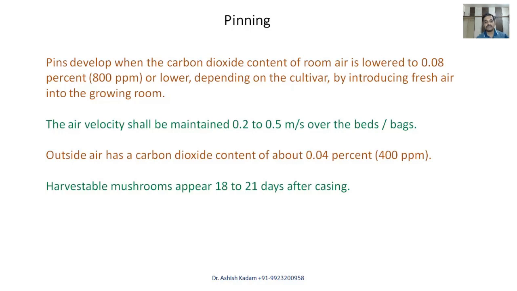So we have seen that we do the spawn mixing on day 1. After that, for 3 weeks we have the vegetative growth, then we apply the casing, and then another 18 to 21 days go to the formation of the pins and getting the right quality of button mushrooms, and then you get the first flush.